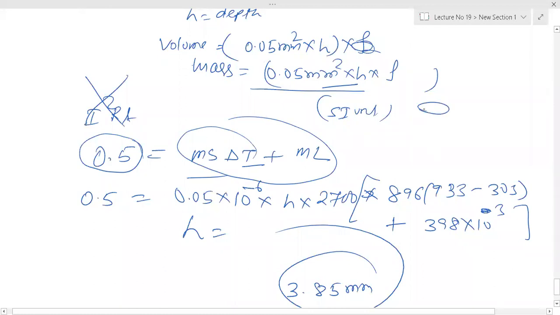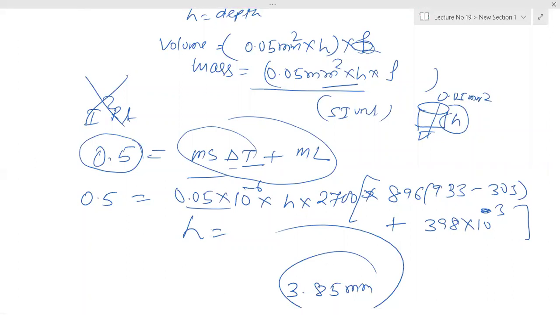The area is given, and this is your thickness. Basically it will form a nugget over the 0.05 millimeter square area. They are asking how much depth, so h you have to find. Everything is given, very small problem. Don't think much, simply apply energy balance. 3.846, fine answer. Very nice, Miras. 3.84, correct.